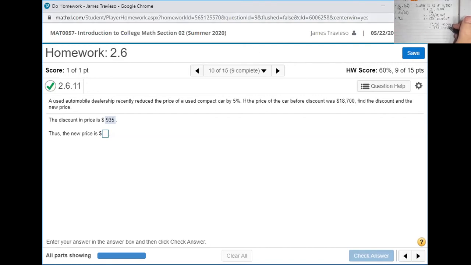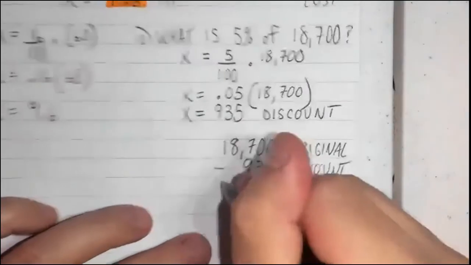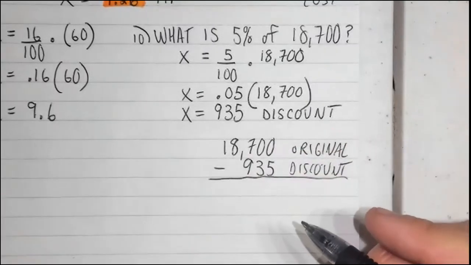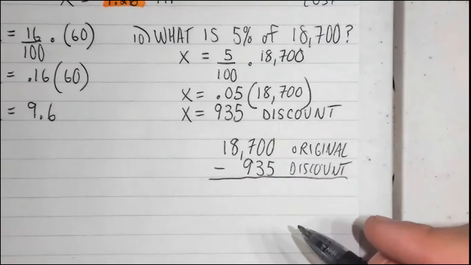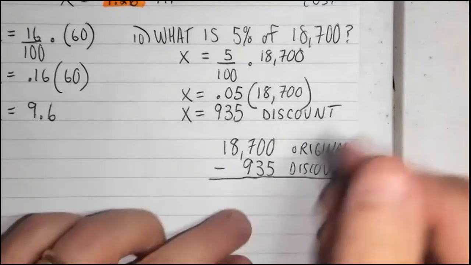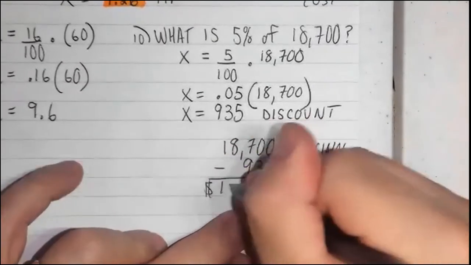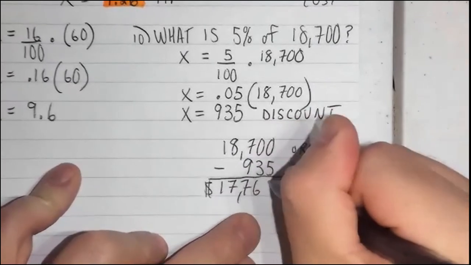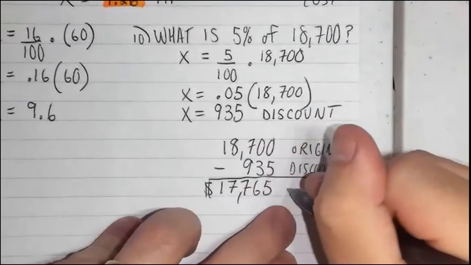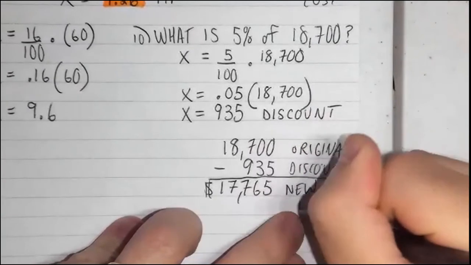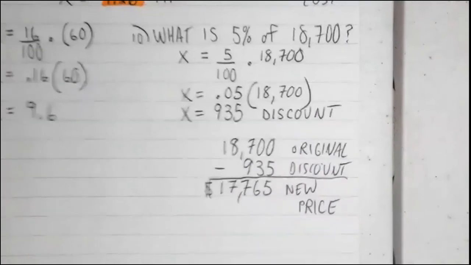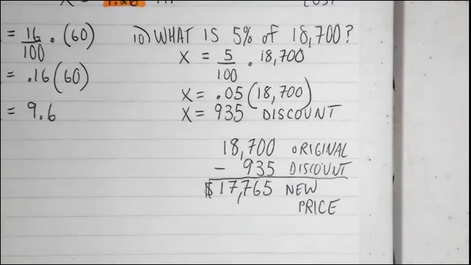So you take your original price of 18,700, subtract your discount of 935, and our new price is $17,765. And again, do not enter the dollar sign in that problem.